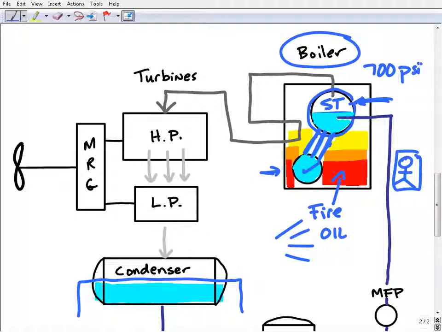It could be a little bit off, but if my memory serves me correctly, this is pretty close. That's ridiculously powerful and dangerous stuff, so there are all kinds of safety devices on boilers, relief valves, etc., so we don't blow the boiler up and everybody anywhere near it as well.